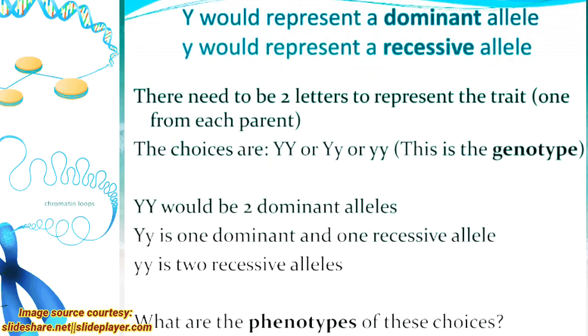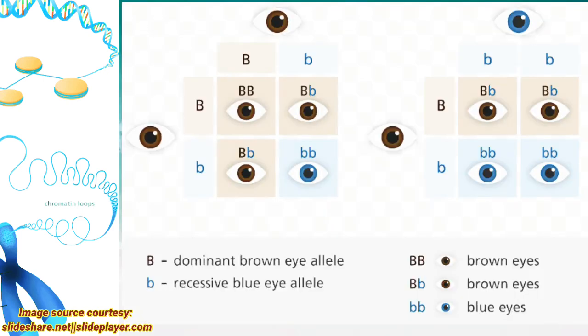For example, the allele for blue eyes is recessive. Therefore, to have blue eyes, you need to have two copies of the blue eye allele. So, as you have noticed, the illustration shows the inheritance of dominant and recessive alleles for eye color.